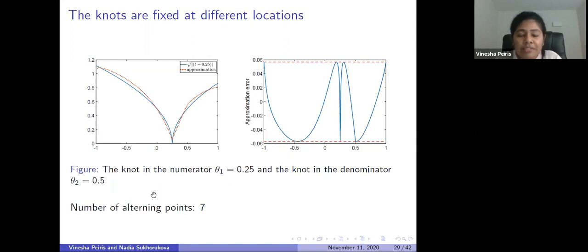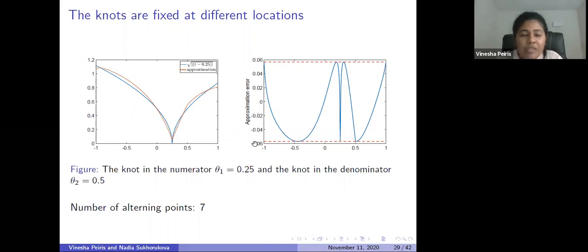Okay, so this is the first case. The knot in the numerator is at 0.25, and the knot in the denominator is at 0.5. So we only get 7 alternating points, and the maximum deviation is slightly less than 0.06.